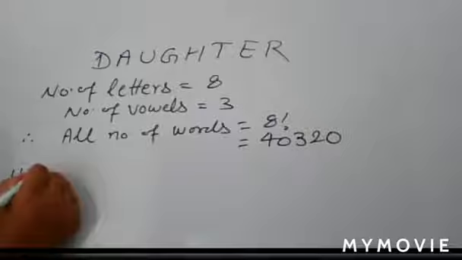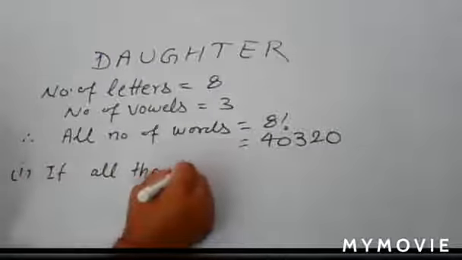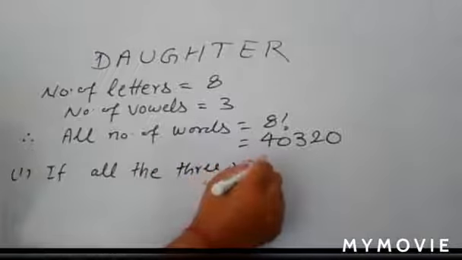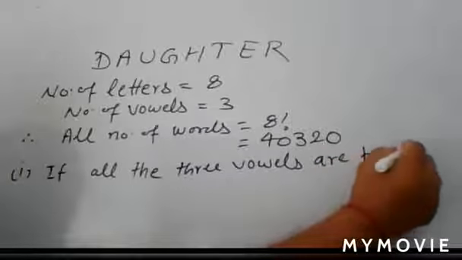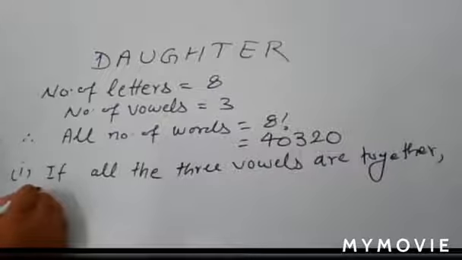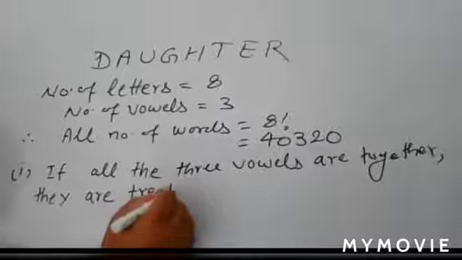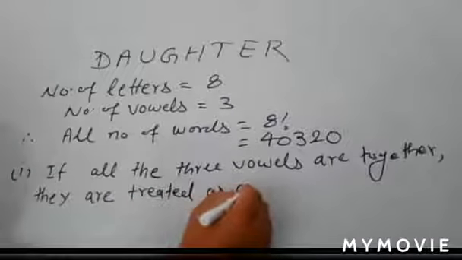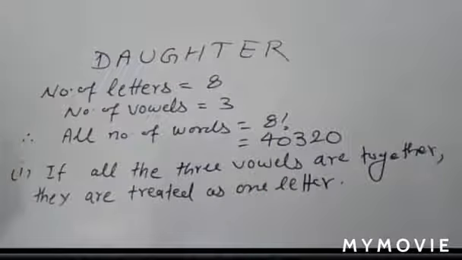Understand? So you write, if all the 3 vowels are together, they are treated as one letter. Understand?